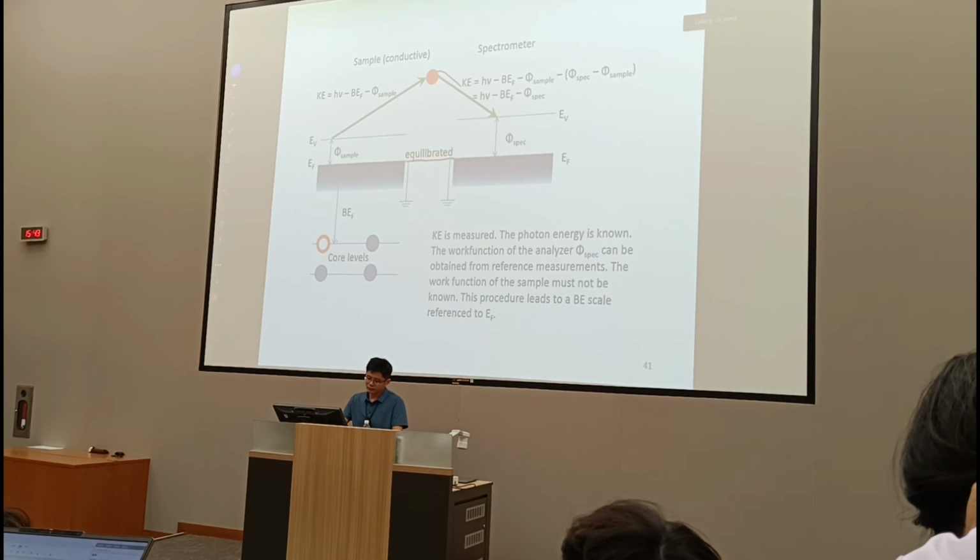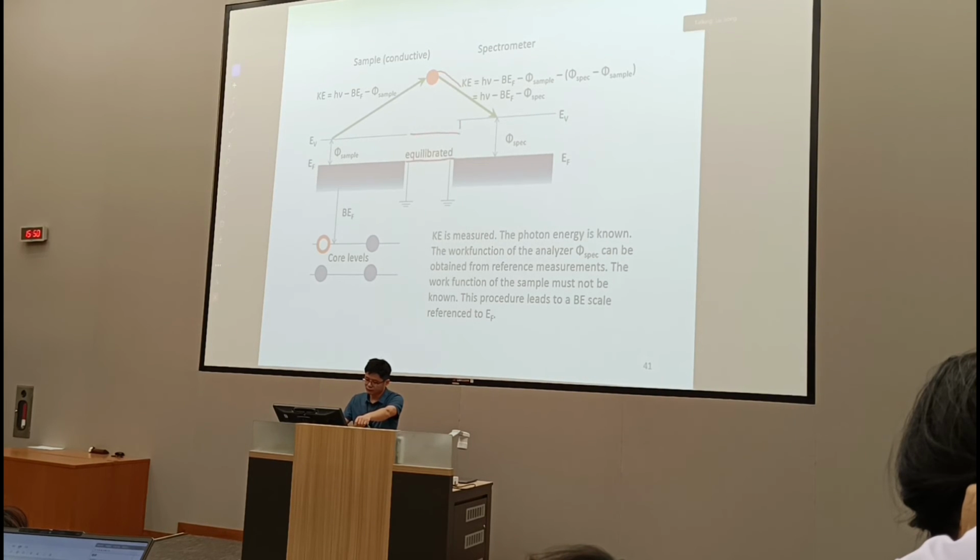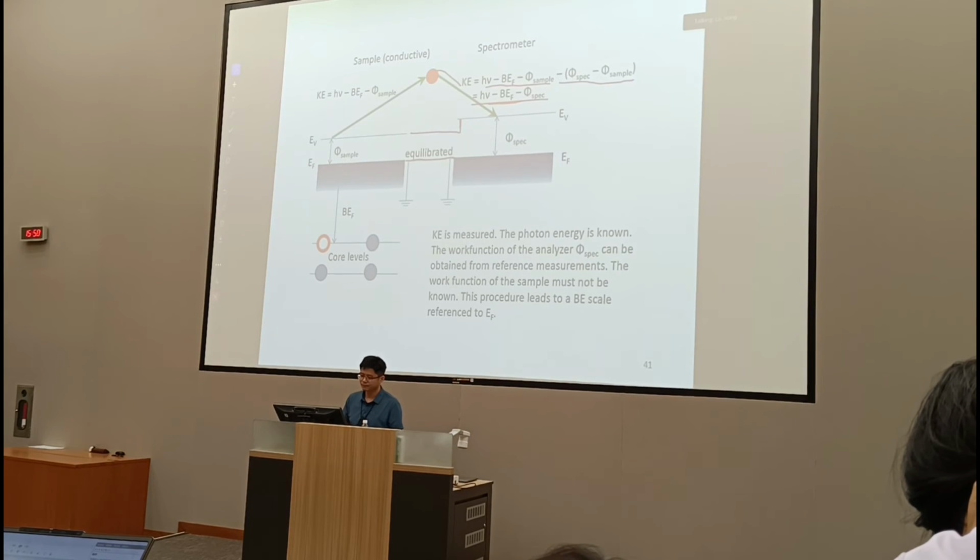So the photoexcited electrons first overcome the work function of the sample. And once into your spectrometer, they also have to overcome the work function difference between your spectrometer and sample. So you see that your kinetic energy has to subtract the spectrometer work function and the sample work function. So eventually, the kinetic energy of your electrons equals the photon energy minus the binding energy minus the work function of the spectrometer. So this problem can be solved, right?